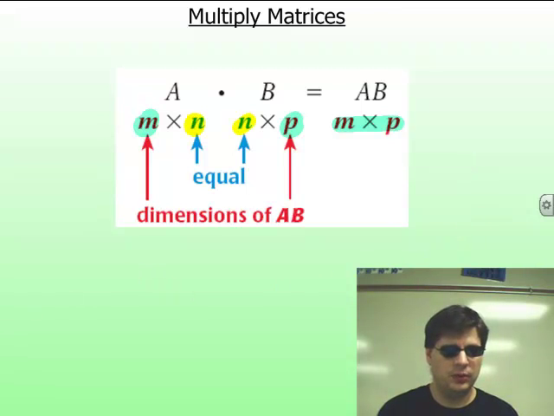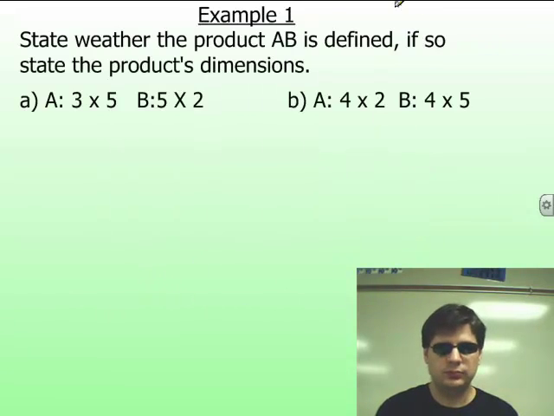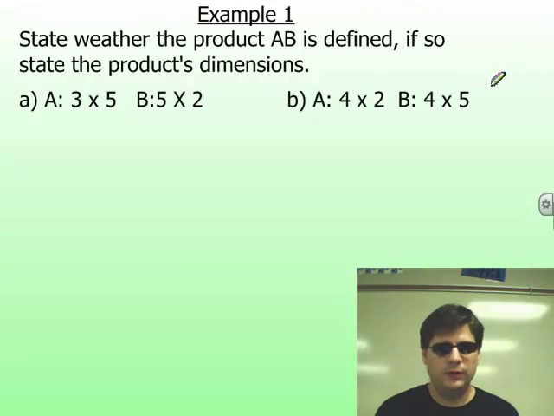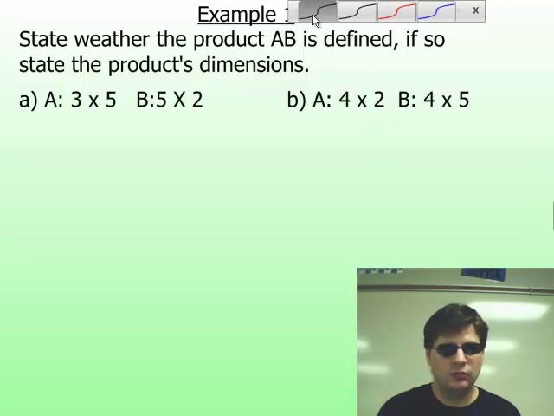Let's look at a couple examples. We'll start off with matrix A being a 3 by 5 and matrix B being a 5 by 2. So first we want to determine whether or not we can actually multiply them, and then we want to see what the final dimensions are going to be if we can multiply them together.